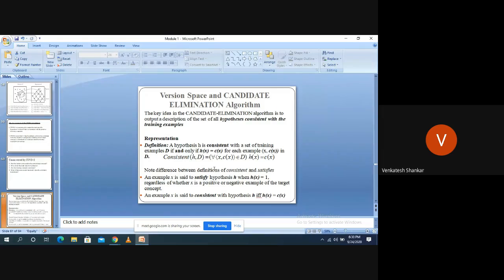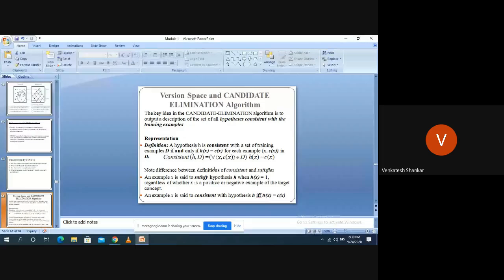If H of X is equal to 1, we can say it is satisfied. And it is consistent if H of X is equal to C of X. This is the representation of the version space and candidate elimination algorithm.